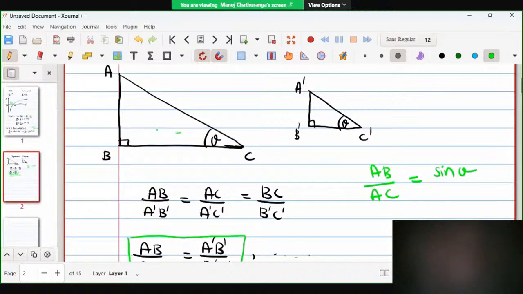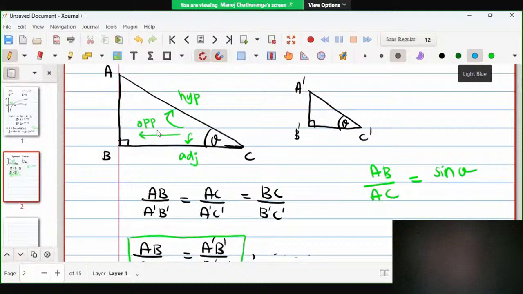This is the opposite side, this is the hypotenuse, and this is the adjacent side for this angle theta. So they call this ratio the sine theta.